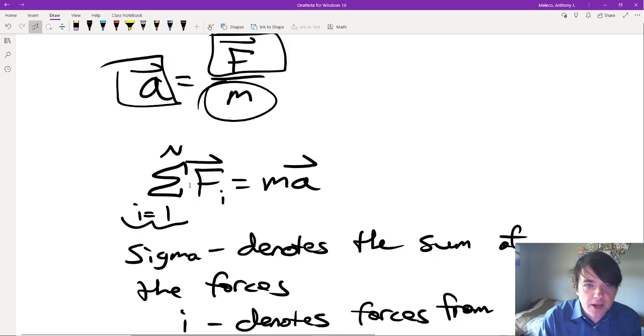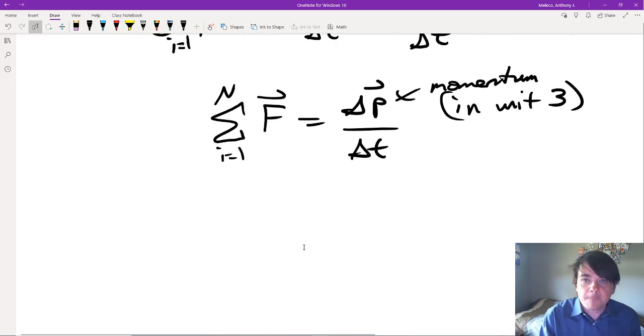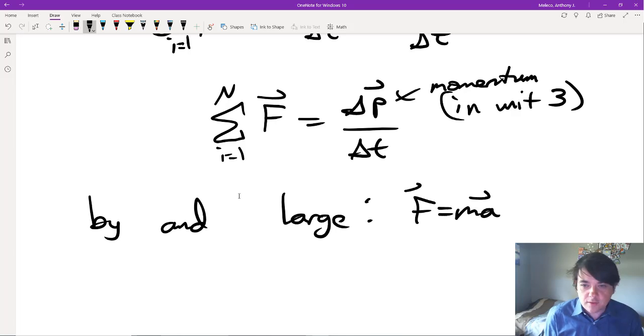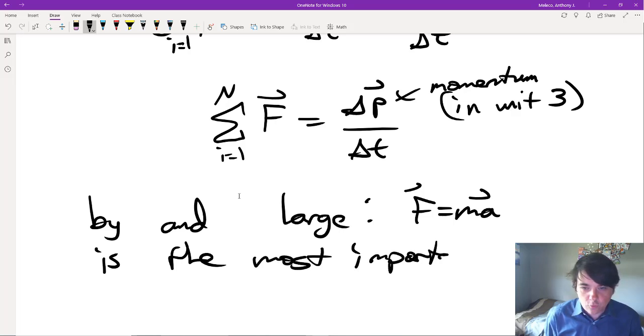But definitely, by and large, F equals ma is the most important form for us.